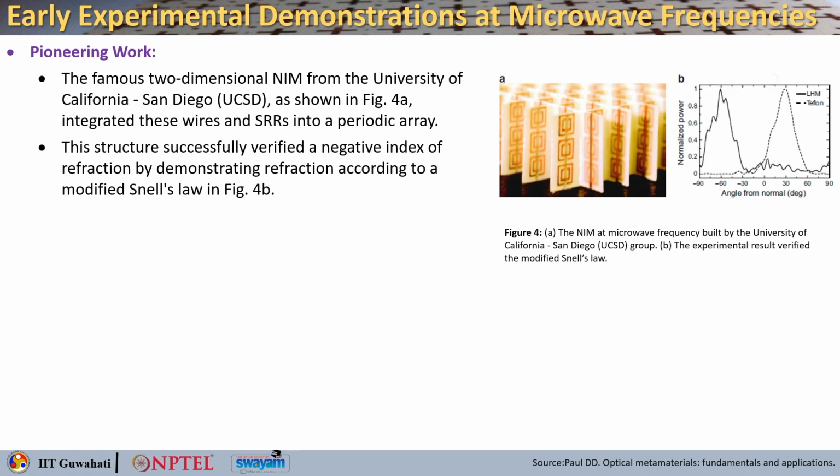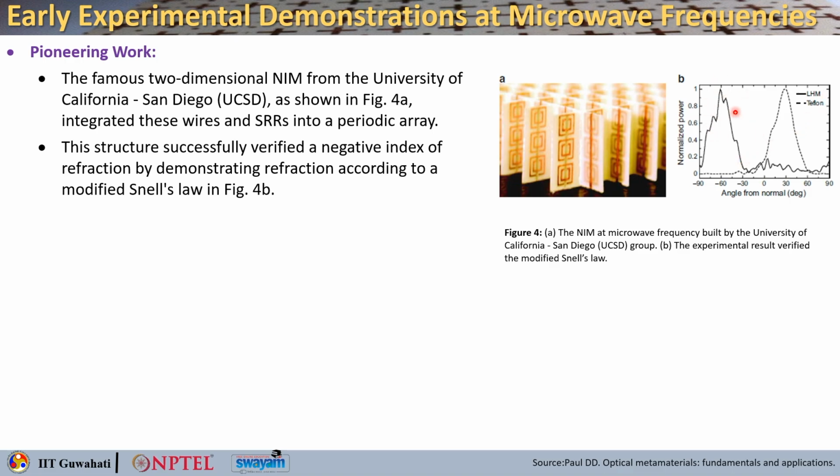And you can see here in figure 4b. So, here they are plotting the transmitted power, okay, at 10.5 gigahertz as a function of refraction angle for both a Teflon sample, which is the dotted one, and also a left hand material sample, which is the solid curve.